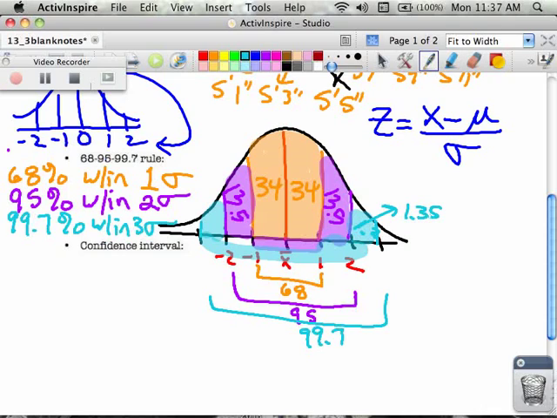From 95 to 99.7, there's an additional 4.7. Oh, sorry. What did I say? You said 1.35. Oh, my bad. So there's an additional 4.7, so 2.35 is correct. This is 2.35, and this is 2.35, not 1.35. My bad. Good job. You have to split it in half because there are two tails.